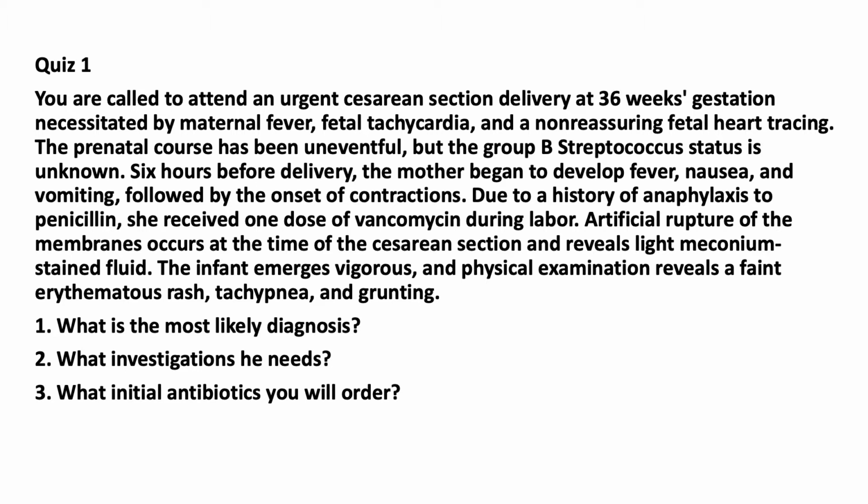Due to a history of anaphylaxis to penicillin, the mother received 1 dose of vancomycin during labor. Artificial rupture of membranes occurred at the time of cesarean section, and it revealed light meconium-stained fluid. The infant was delivered vigorous, and physical examination revealed a faint erythematous rash, tachypnea, and grunting.